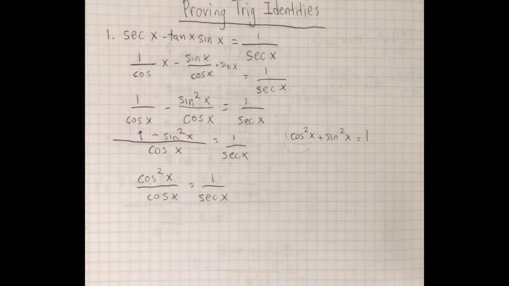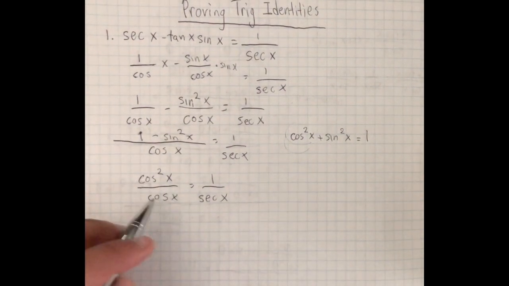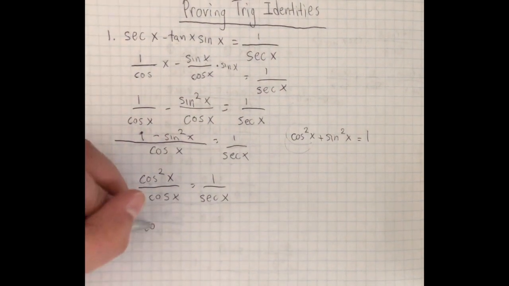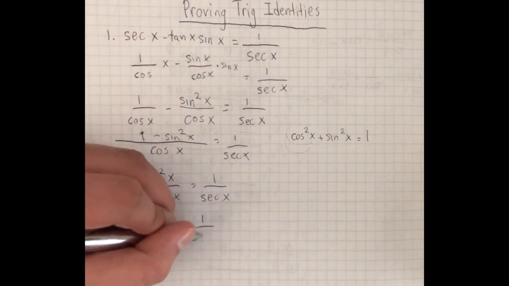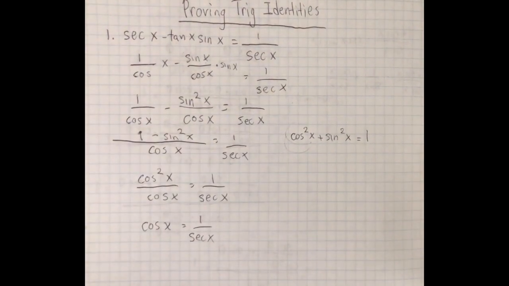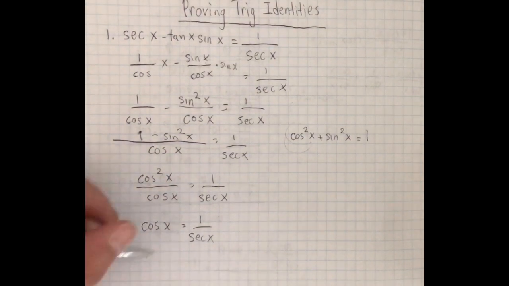So finally, we could simplify this. Cosine squared x divided by cosine x is simply cosine x, is equal to 1 divided by secant x. Okay, so we're almost done. And again, cosine x, you can write it as 1 divided by secant x.